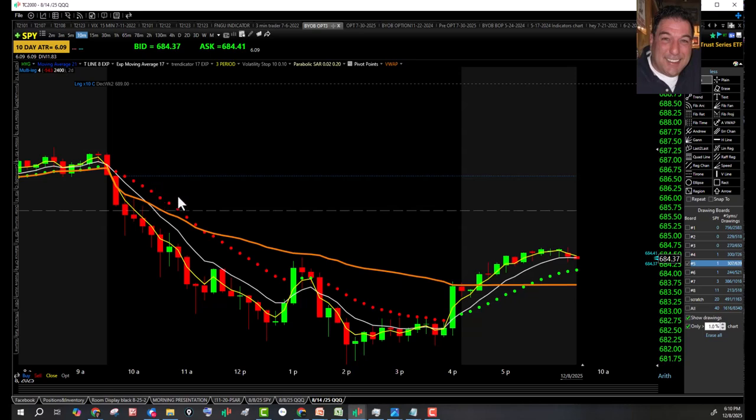I want to see VWAP rise, and I want to see my trend put some distance in between the uptrend, all right, and the VWAP line. So I want to see the VWAP line moving up. I want to see the trend also moving up, but faster. I want to see the momentum moving price higher and higher and higher.